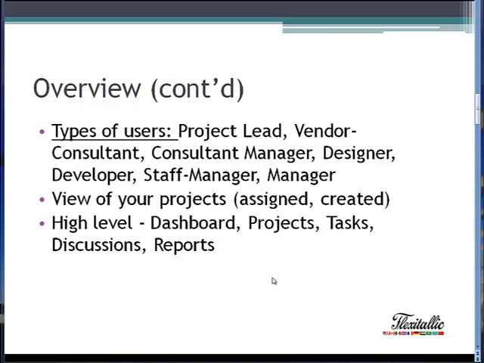At a very high level, what you will see is a few menu items. These are dashboard, the projects, the tasks, discussions, and reports. There are one or two other menu items that you will see on the top level menu bar. These are items that we have chosen not to implement, in particular tickets.